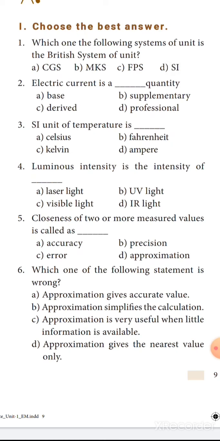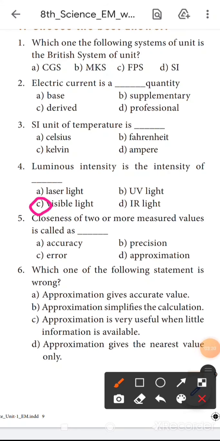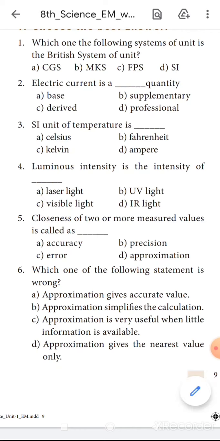The fourth one, luminous intensity is the intensity of dash: laser light, UV light, visible light, IR light. Answer is visible light, because the umpire checks with the photometer. So it is visible light. That's all. Choose the best answer.